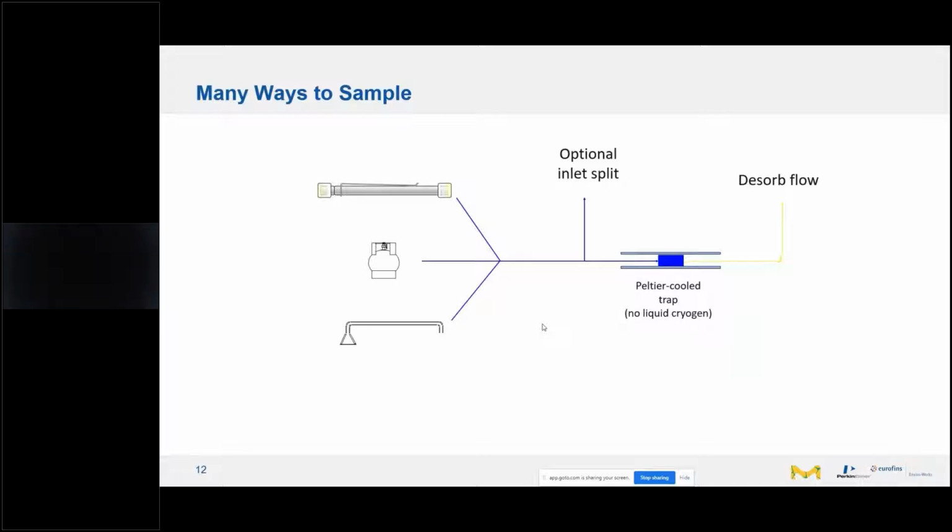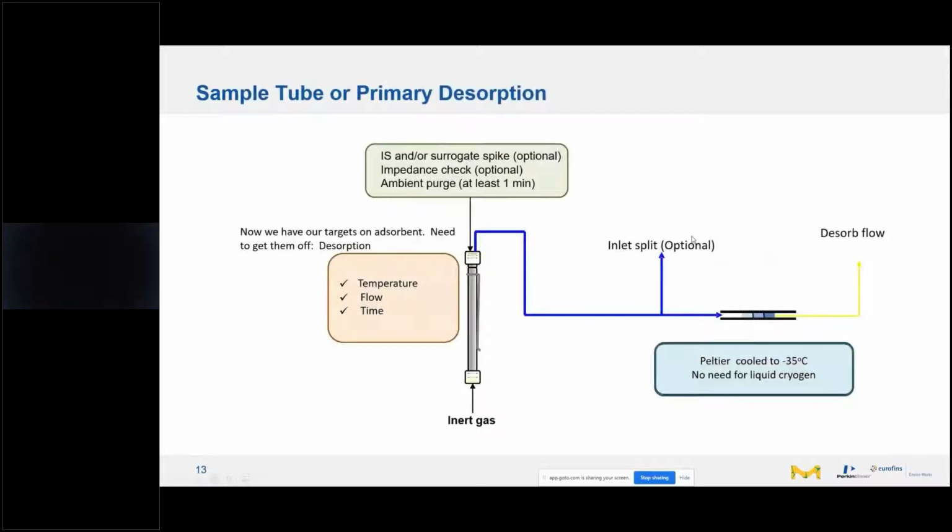There's also canister sampling that could be done, which is taken right into the focusing trap. Or in the case of ozone precursors, we sample from a site point, so the instrument is on site, and the sampling is done right onto the focusing trap instead of being desorbed from a tube onto the focusing trap. So in detail, let's stick to the terpene application for now.